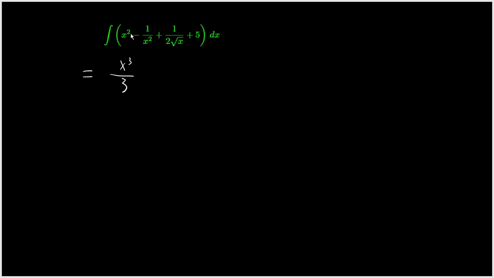And then for the underlined term, for this integral, I'm trying to say you do not even have to convert the function to the form of a power function. Now you concentrate on the underlined function. Which function has the derivative of negative 1 over x squared?